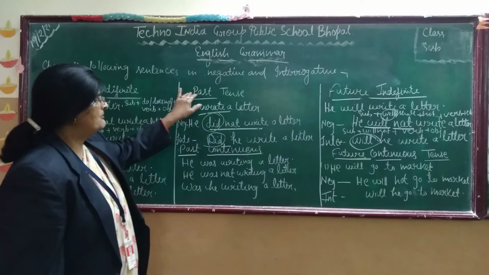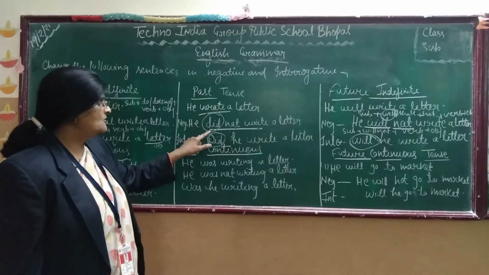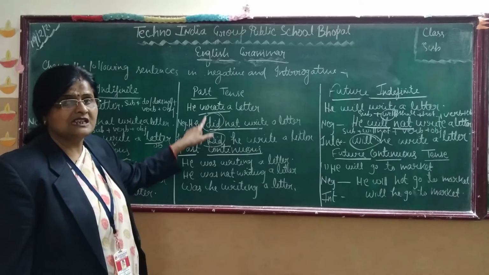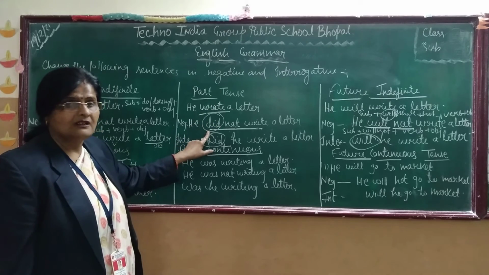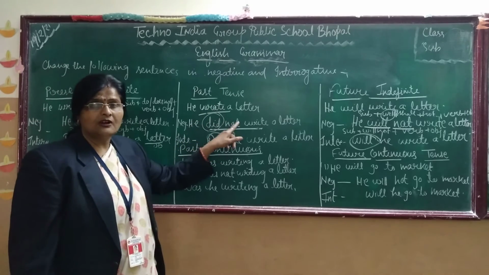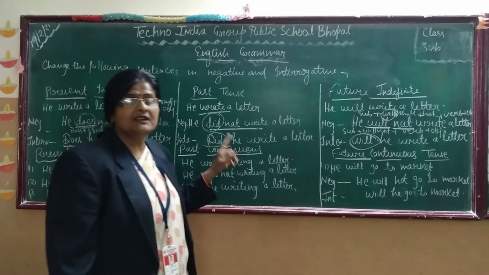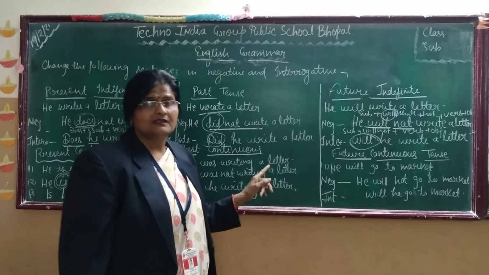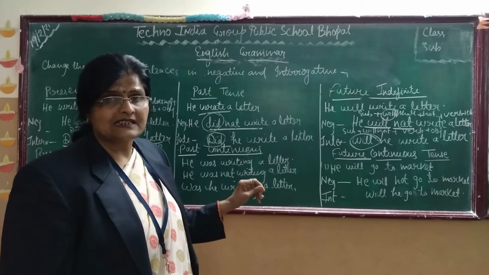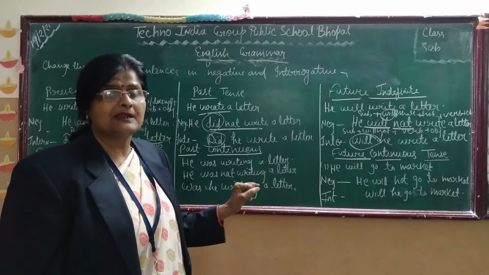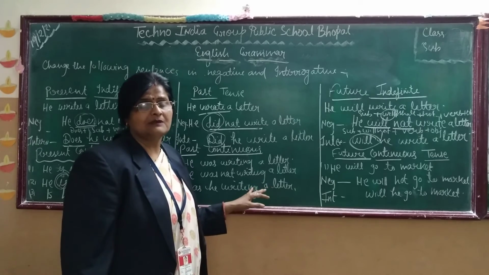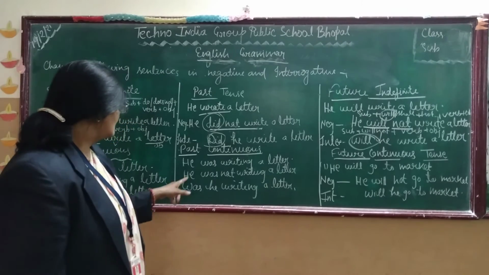In the same way, past tense. Here for simple past tense we use did, did not, or did you. But in the past continuous tense, we will use was or were. To frame any sentences, we use was and were plus ing. Verb के साथ हमेशा ing यूज होता है. So look here.